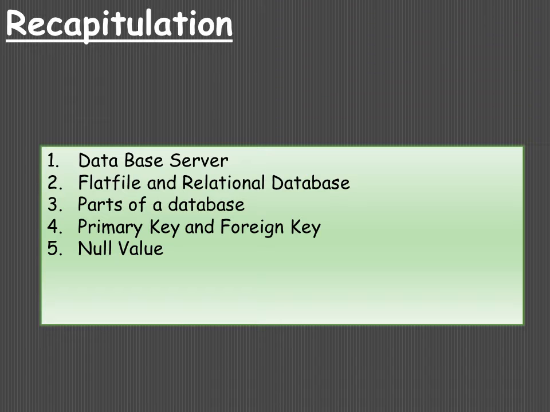Next, foreign key: as we said, we can create relationships between the tables in a relational database, and the foreign key is used to create that relationship between the tables. We must have one primary key in a database table, but in case of foreign key, we can have multiple foreign keys.